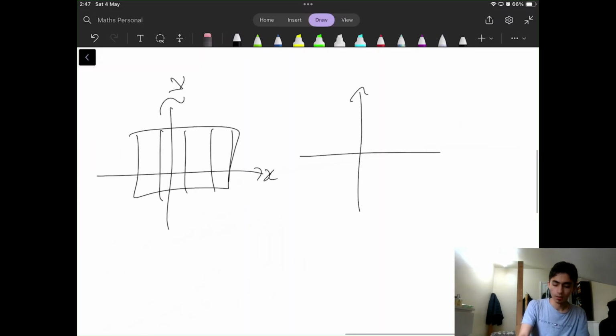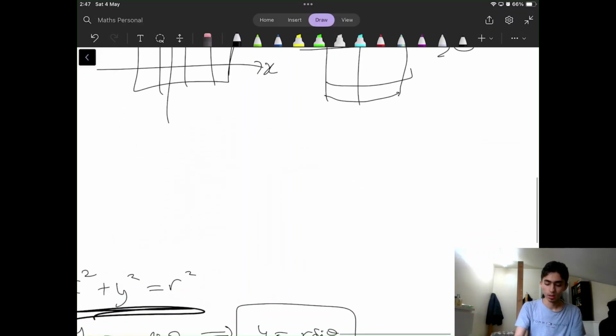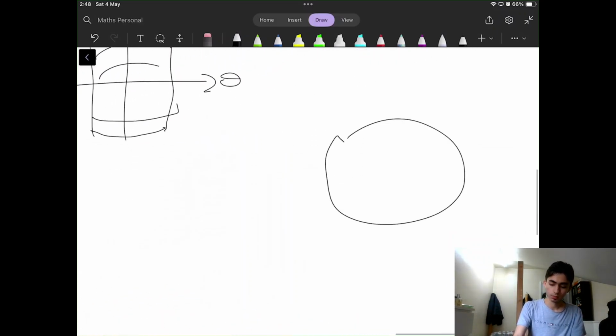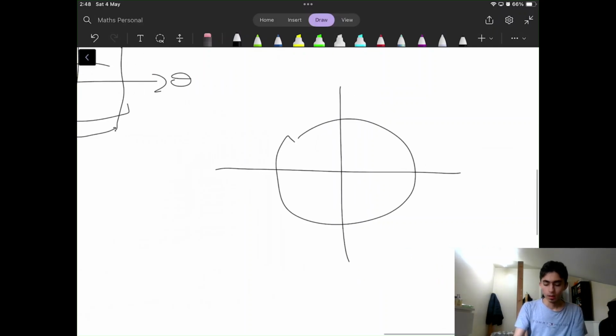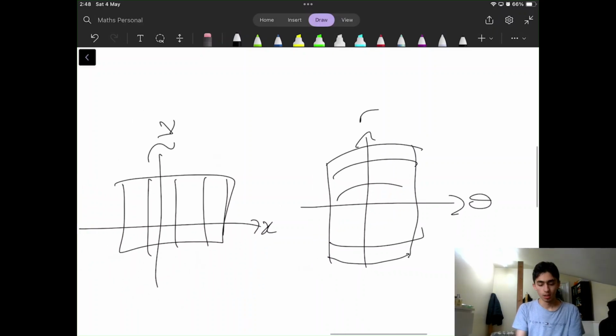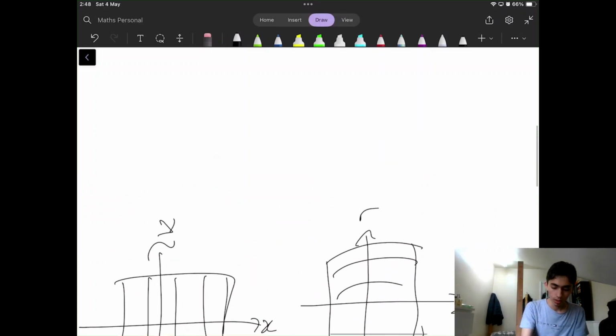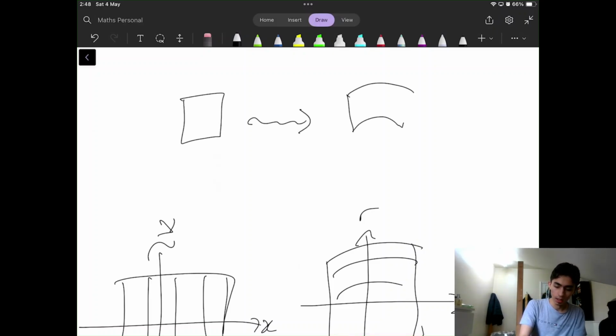And then you have r and theta with some sort of polar coordinate system, or in terms of a circle. We're converting a rectangle into a sort of curved piece. So this piece here is being transformed into this piece over here.